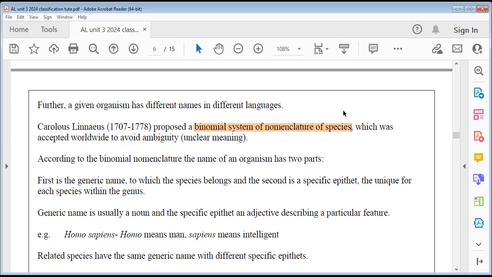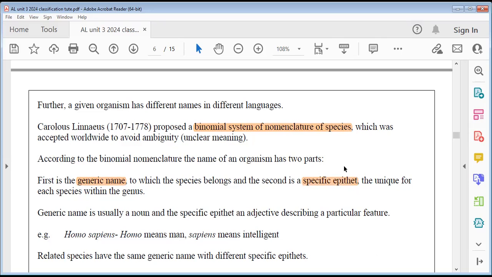In the two words written for a species, the first word is a noun and it is called the generic name. The second word is called the specific epithet.